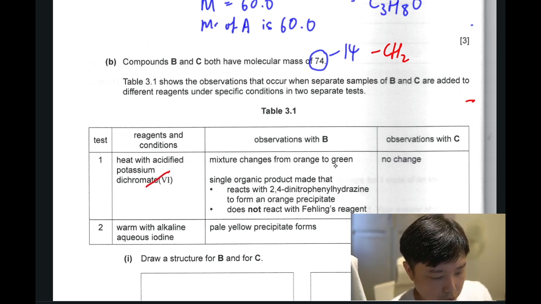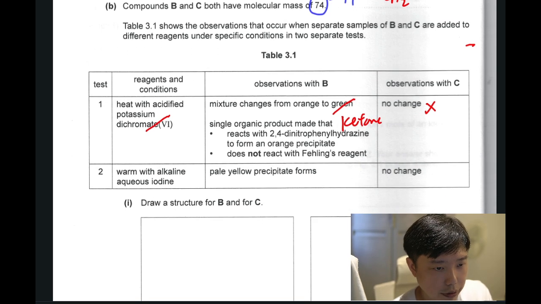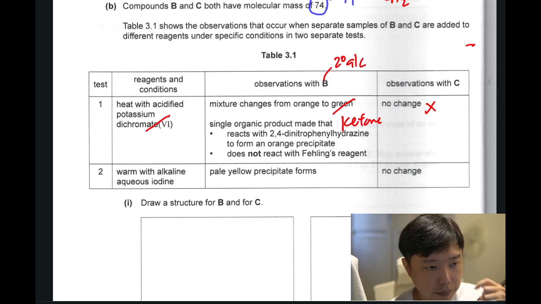B will get oxidized, C will have no change. A single organic product that reacts with 2,4-DNPH but does not react with Tollens' reagent. So no aldehyde, but it's a carbonyl, so must be a ketone. So B is likely a secondary alcohol. C cannot be oxidized, so most likely is a tertiary alcohol.